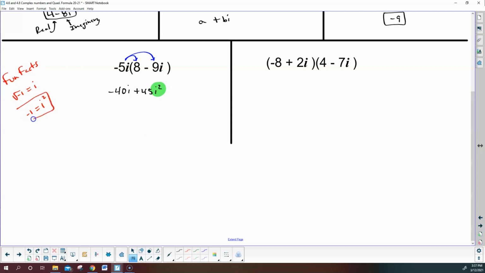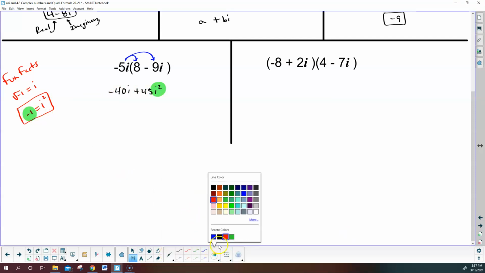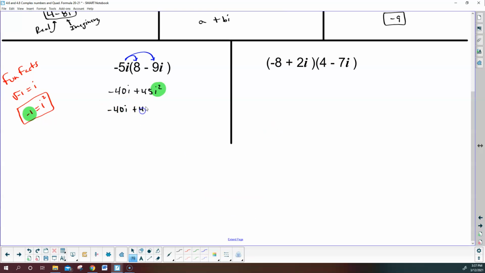So we have to really pay attention when you are multiplying and you all of a sudden create an i squared, which is equal to negative 1. We're going to replace i squared with negative 1. And notice how that changes the sign value.